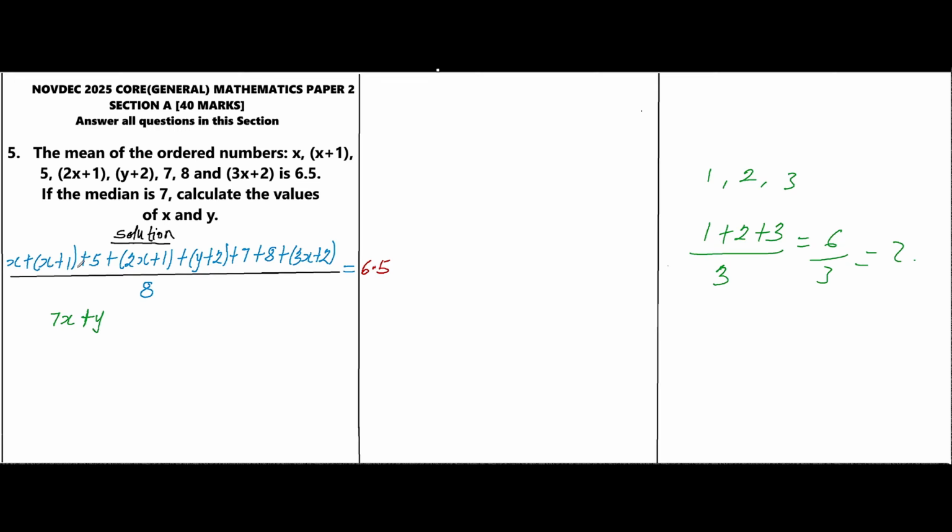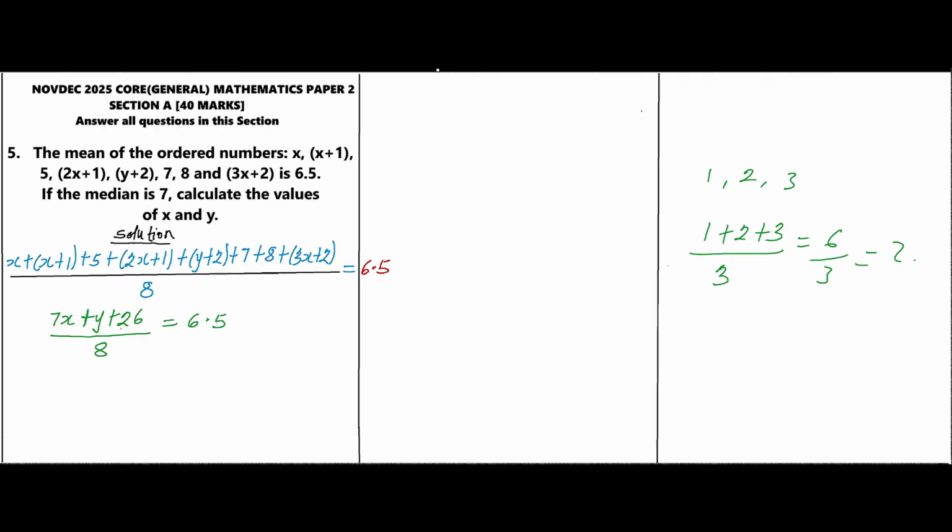Then for the constants, we have 1 plus 5, that is 6. 6 plus 1, 7. 7 plus 2, 9. 9 plus 7, 16. 16 plus 8, 24. And then 24 plus 2, we have 26. So this divided by 8 must be equal to 6.5.